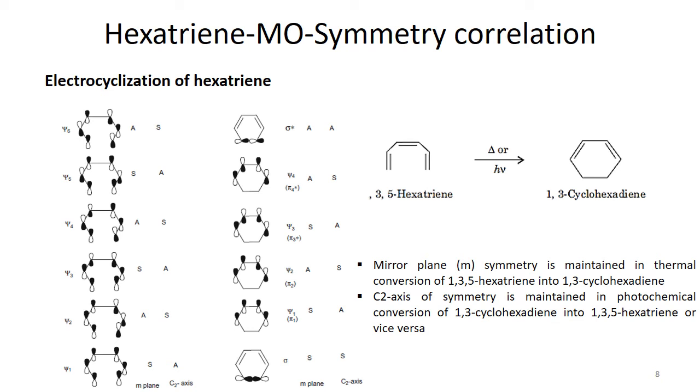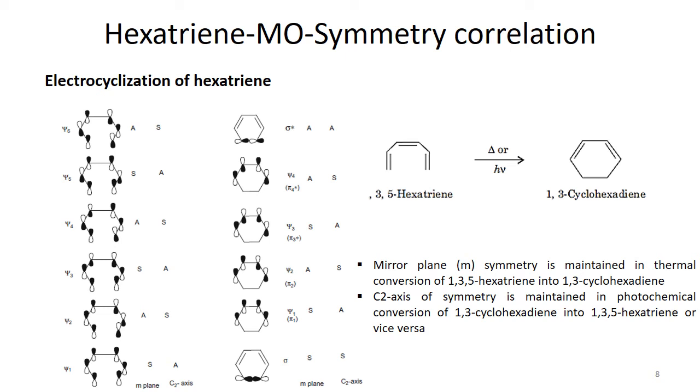So in sigma, our first molecular orbital of 1,3-cyclohexadiene, we are only showing the p orbitals overlapping head to head in a constructive, bonding way. In psi1 we are using the first bonding molecular orbital of this 4 electron conjugated system. From psi1 to psi4 the molecular orbital diagrams are very similar to butadiene. The rest are the sigma and sigma star.